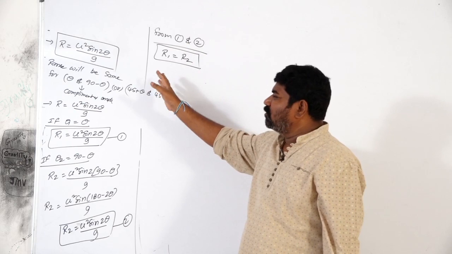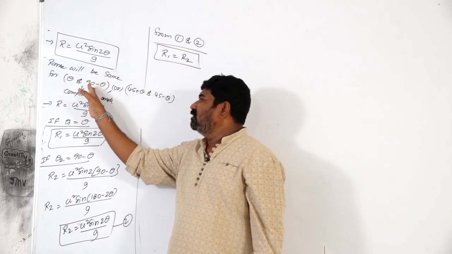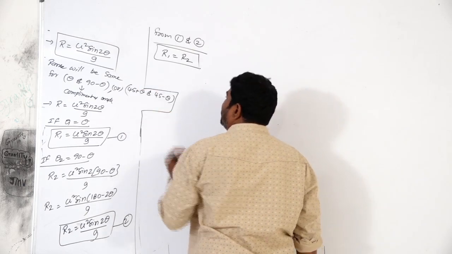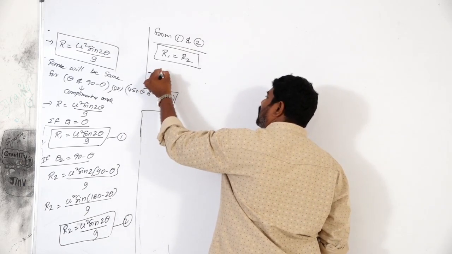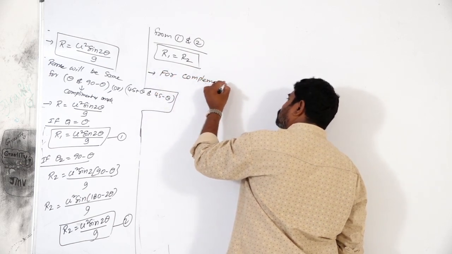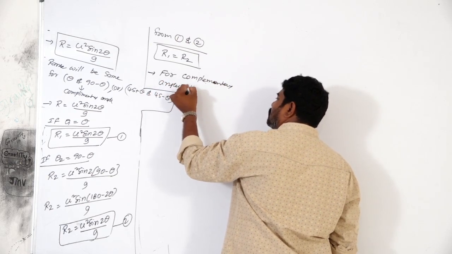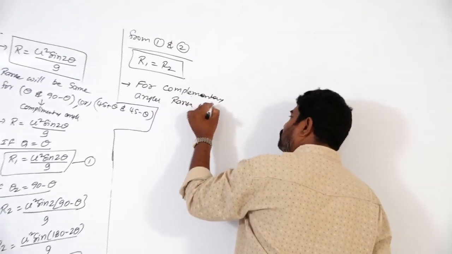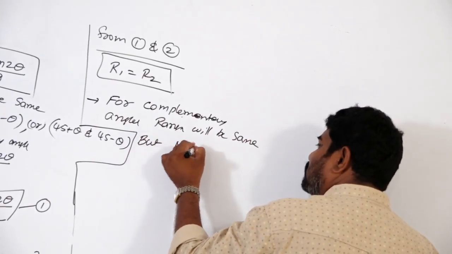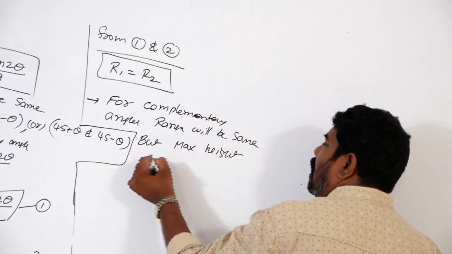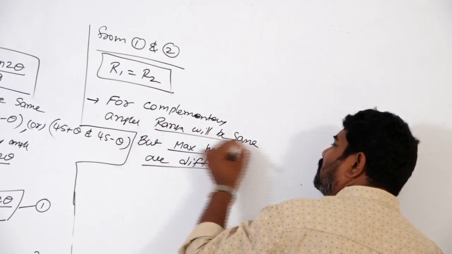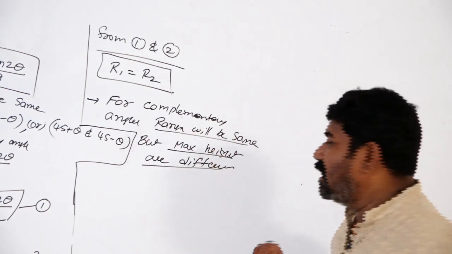For example, if a body is projected at angles 30 degrees and 60 degrees, the range will be the same. For complementary angles, range will be the same, but maximum heights are different.